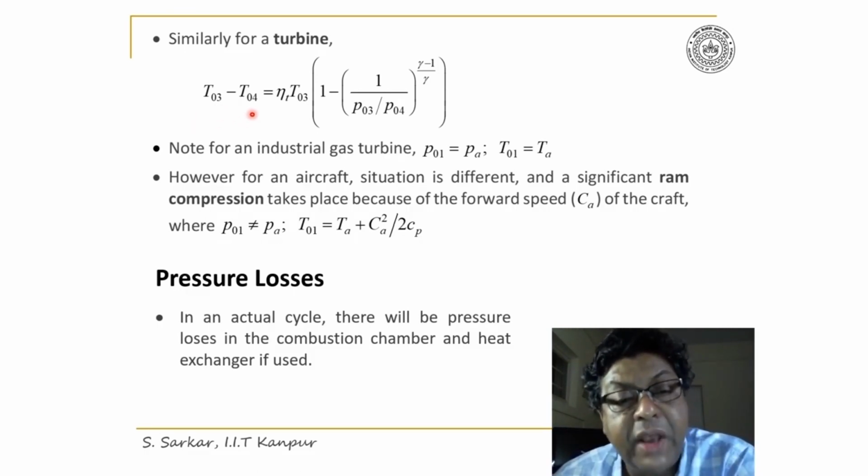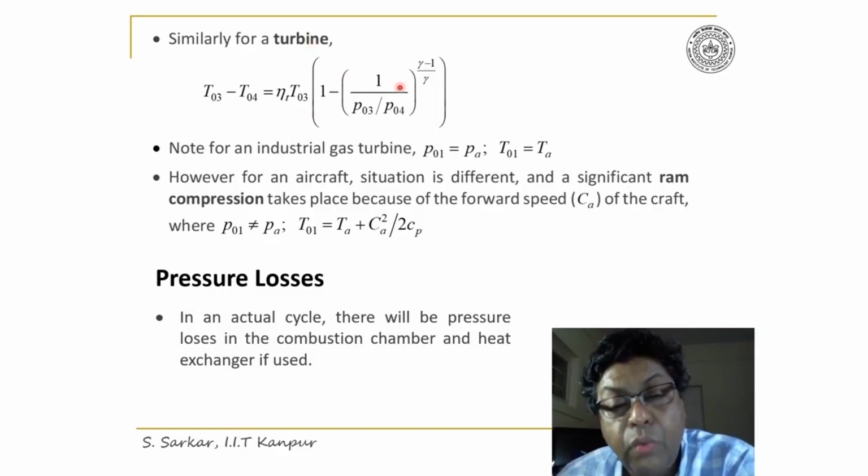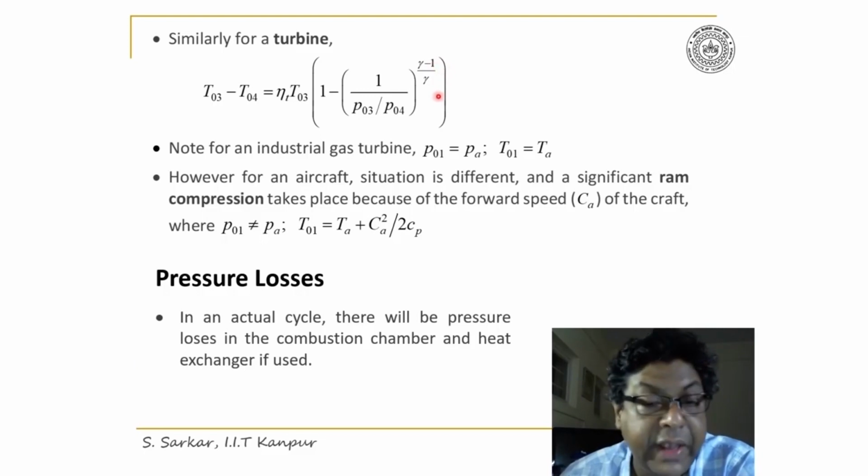Thus, T03 minus T04 is equal to eta T into T03 within bracket 1 minus 1 over P03 by P04, which is pressure ratio, to the power gamma minus 1 by gamma.